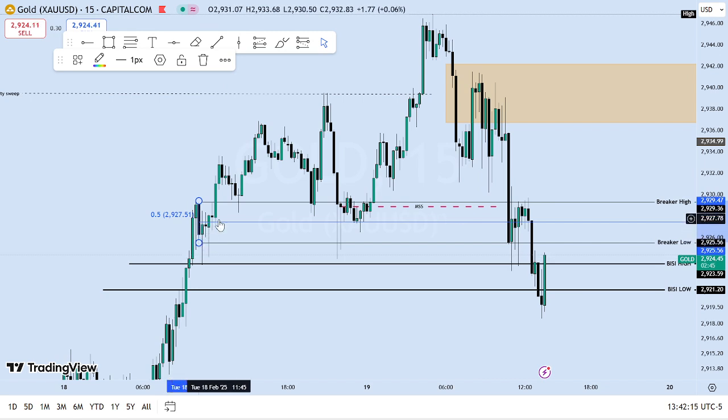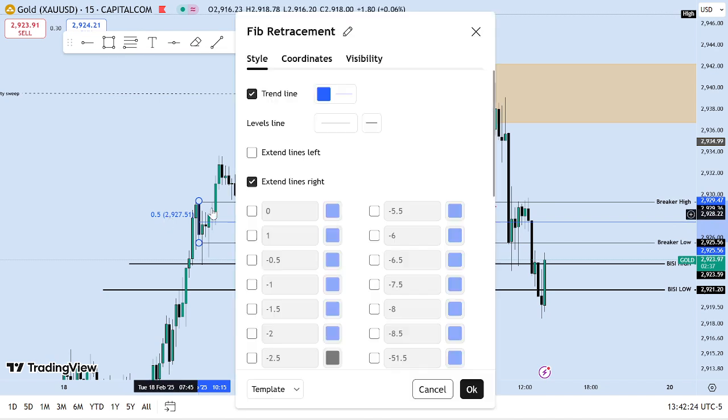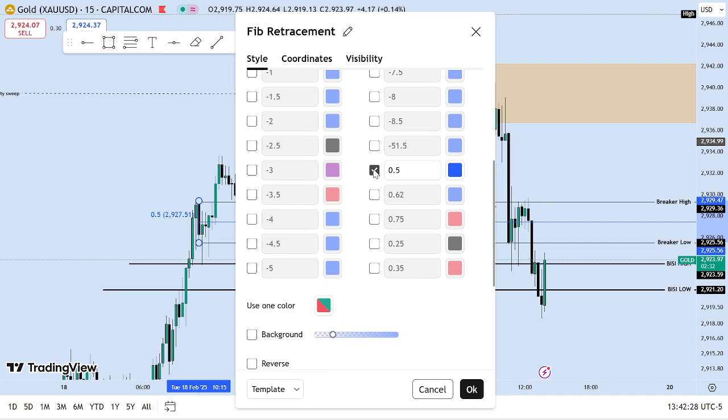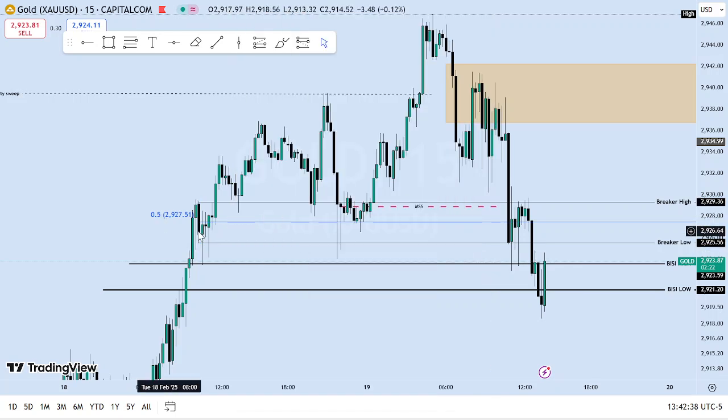That's the consequent encroachment of any inefficiency, which is this blue line here, our Fibonacci 0.5. This is how you set your Fibonacci. If I turn it off, it will not show up. Then if I turn it on, it's showing now. The blue line there, that's the 50%. You can now annotate it.